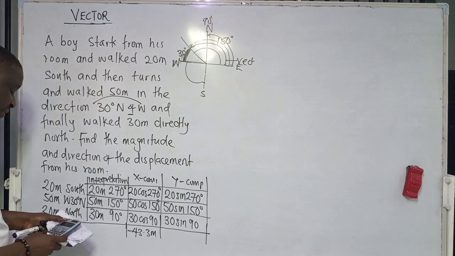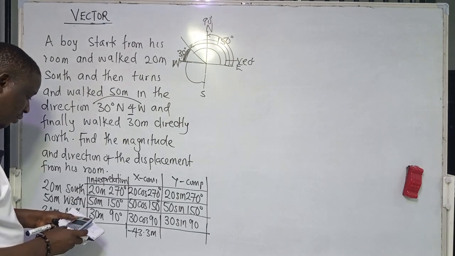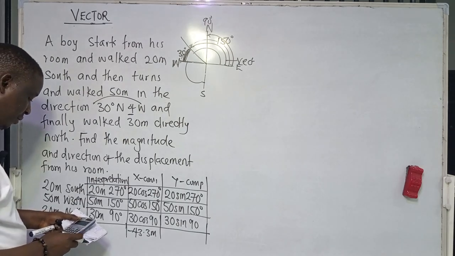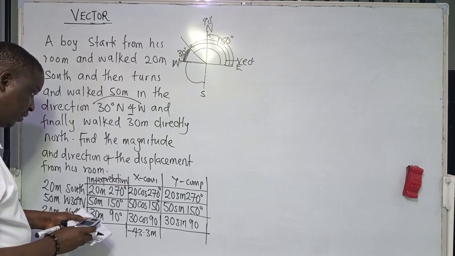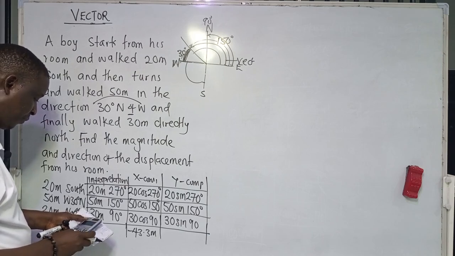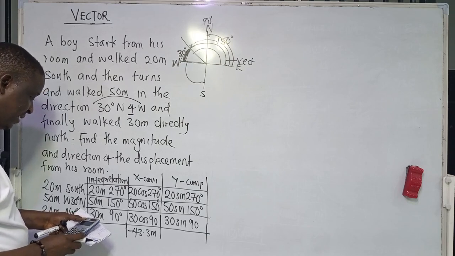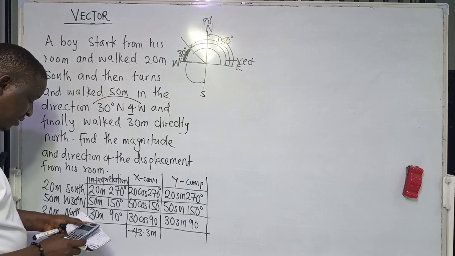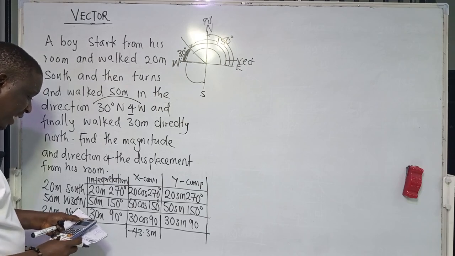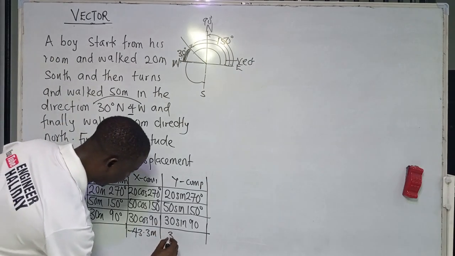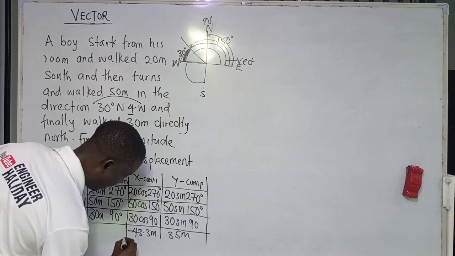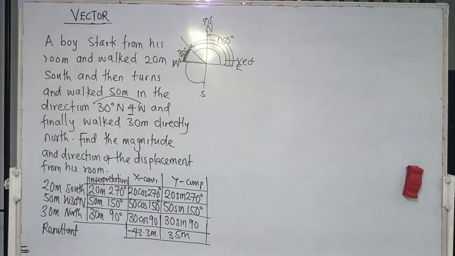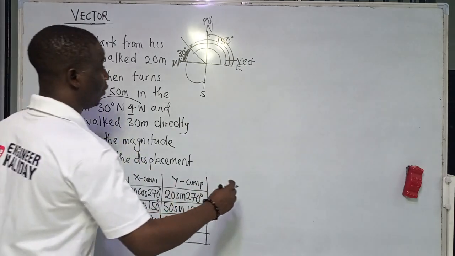Then what about the other side? We have 20 sin 270 plus 50 sin 150 plus 30 sin 90. You can press your calculator alongside. This is 35 meters. So this is our resultant along the x and along the y.